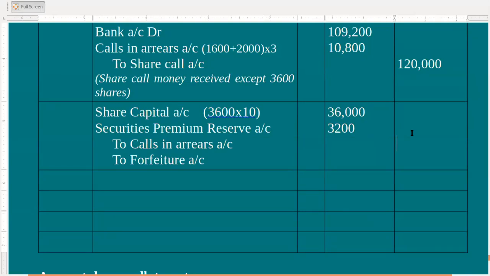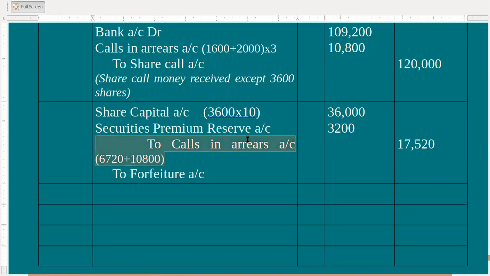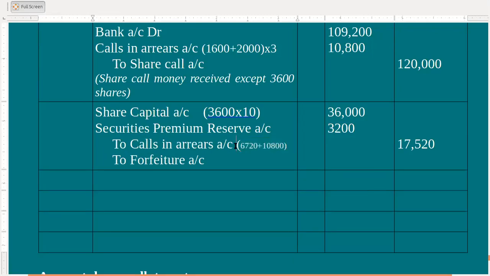What will be the amount here? 17,520. Now you have to calculate how much amount we can provide in forfeiture.